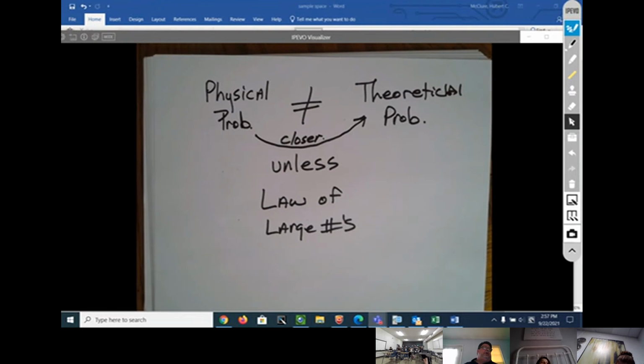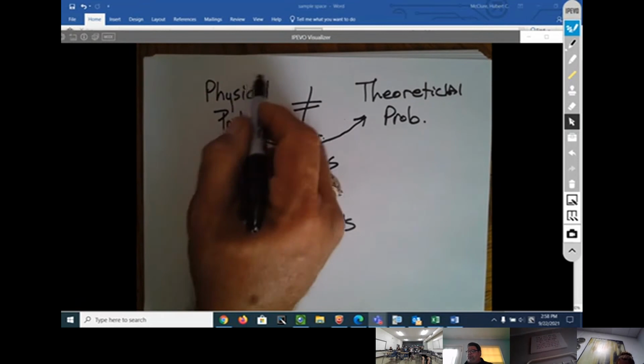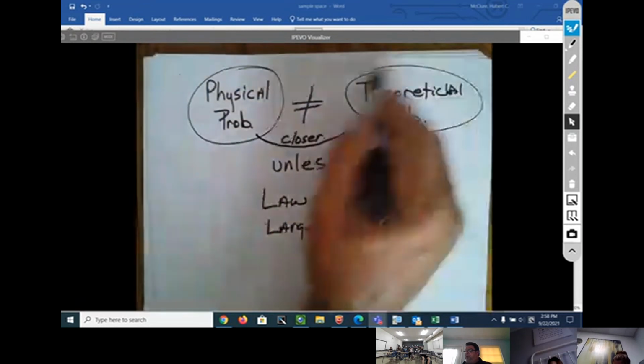So in this section 5.1, you need to be able to do 3 or 4 things. You need to be able to distinguish between physical probability and theoretical probability.